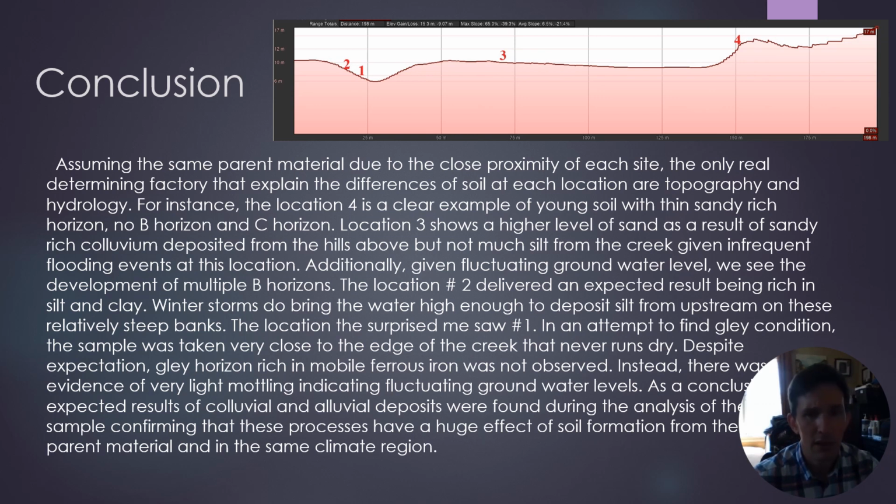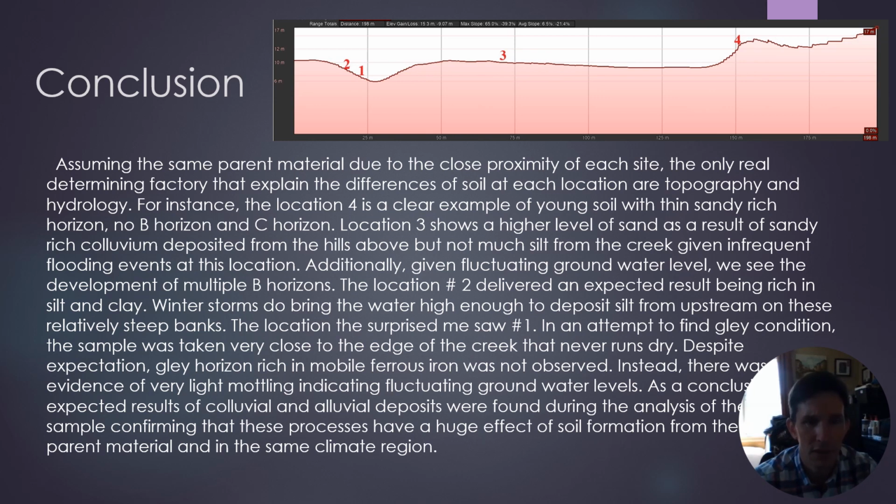And then at the river channel at site 2, a little bit above the normal water level mark, we found a lot of silt and clay, which is to be expected in this area.